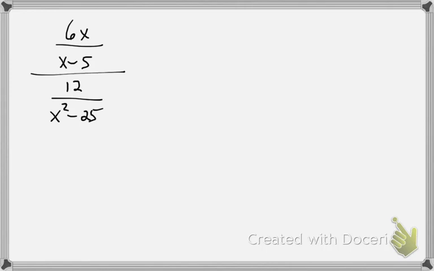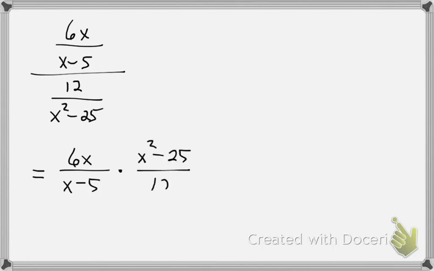Yep. You've got fractions within a fraction. Is it a single fraction divided by a single fraction? Yes, which means we could use method 1. Method 1 says this is 6x over x minus 5 times x squared minus 25 over 12.